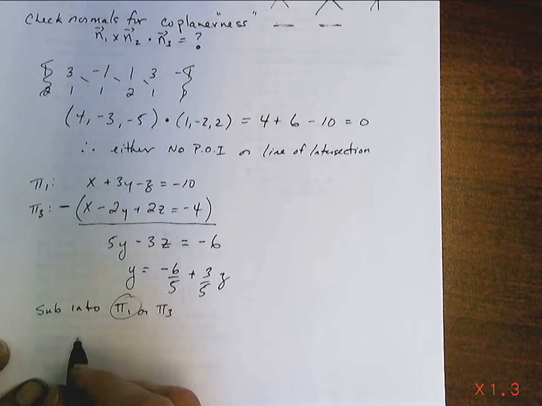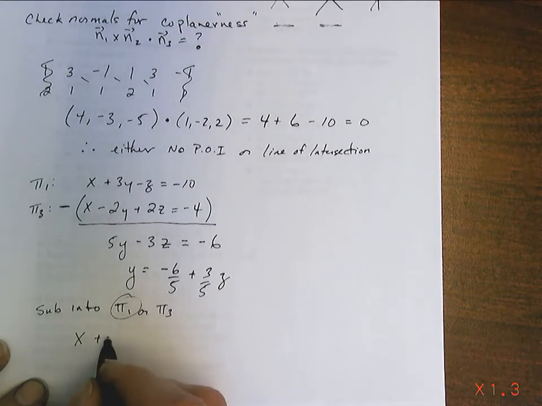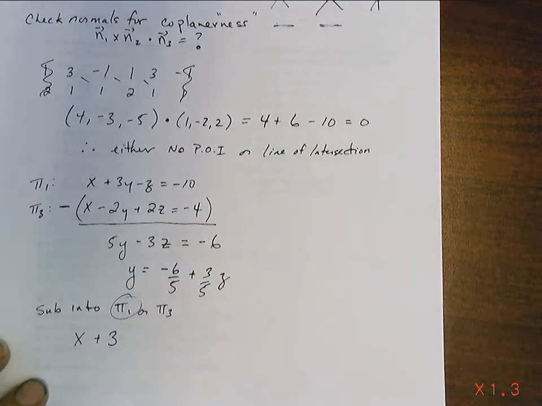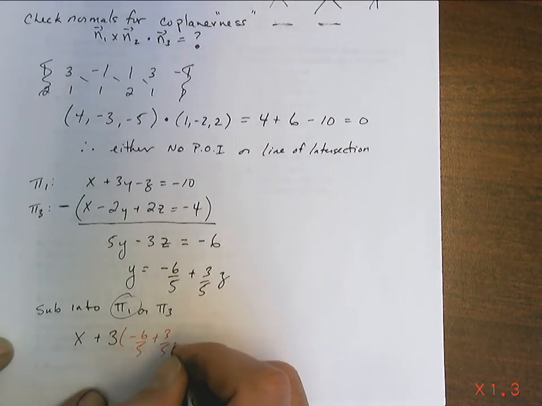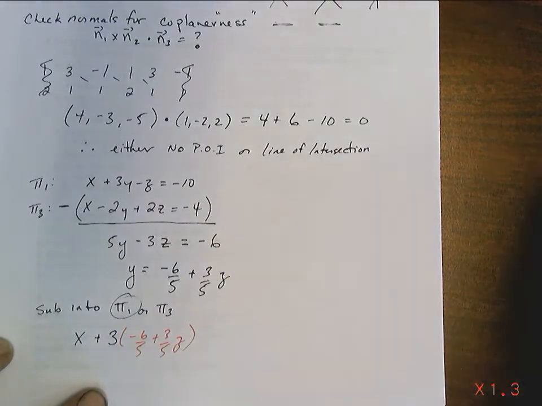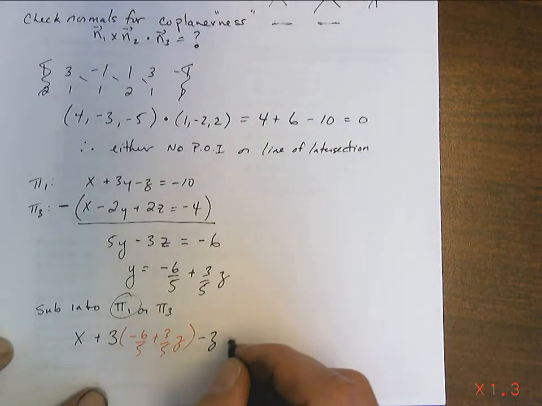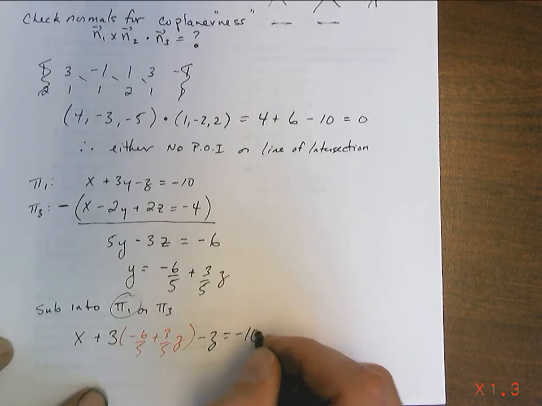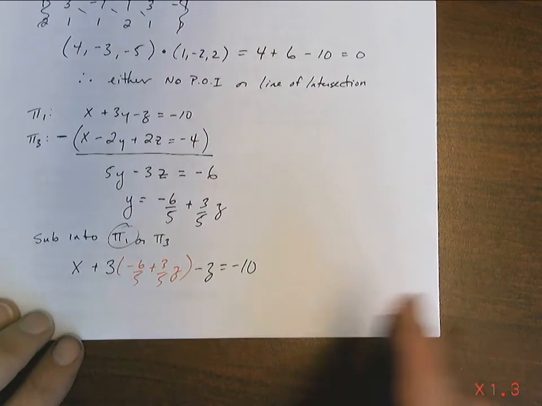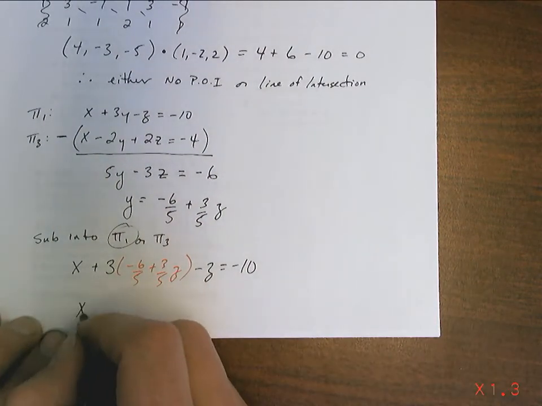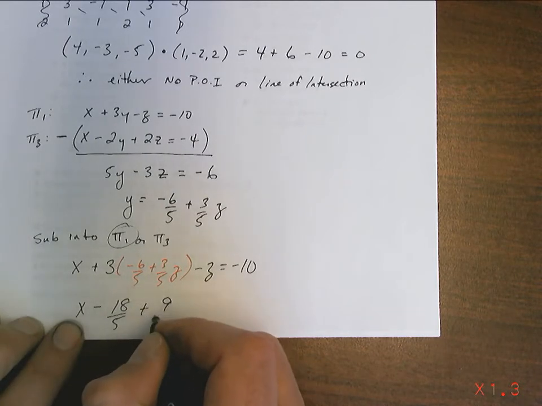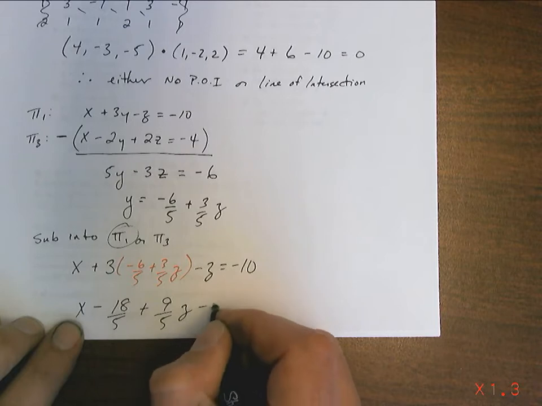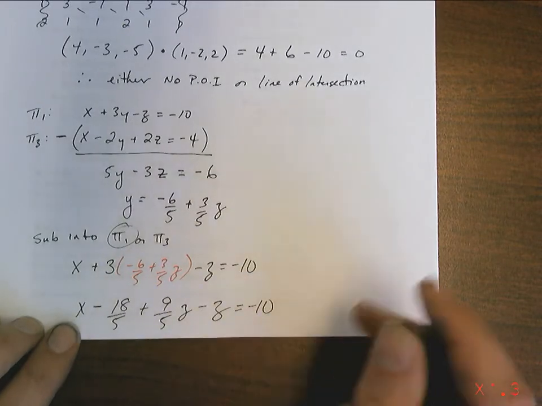So it's going to go back as x plus 3, and what's going in is negative 6 over 5 plus 3 over 5z, minus z equals minus 10. So that's going to be x minus 18 over 5 plus 9 over 5z minus z equals negative 10.